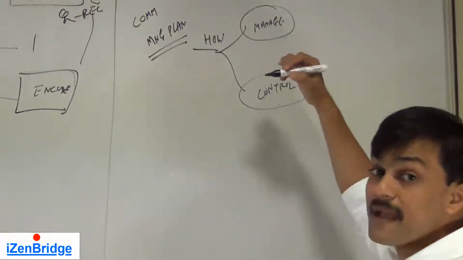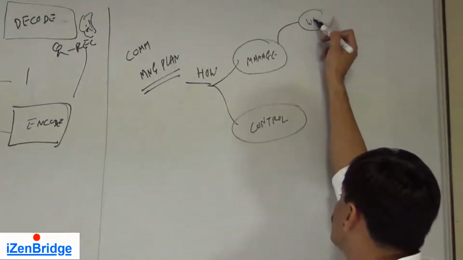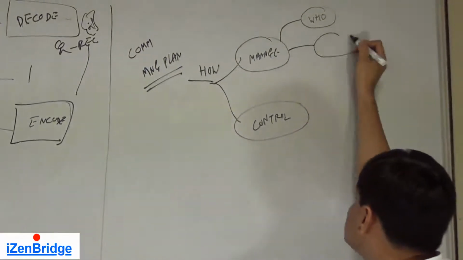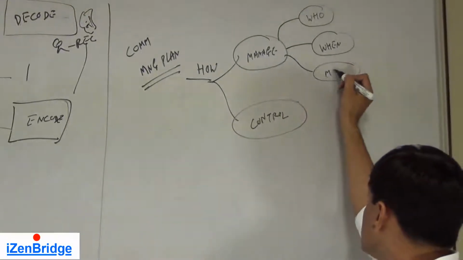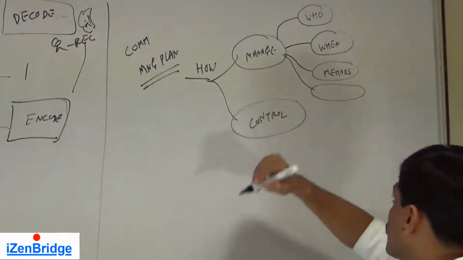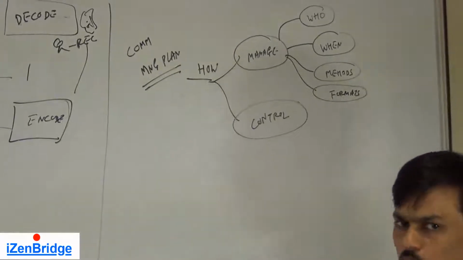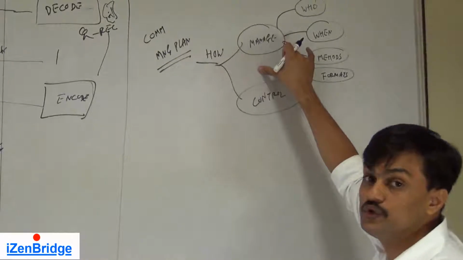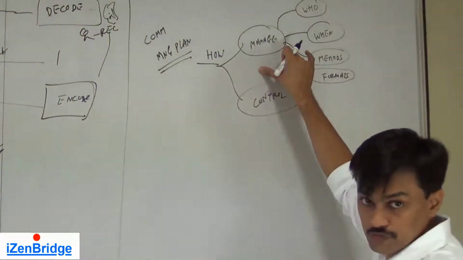Now, while doing manage, it also talks about who is responsible for which type of communication activity, at what frequency, when they have to do it, what methods they should use, what formats they should apply. Whatever is needed to tell how to do a communication, how to do retrieval of information and transmission of information.